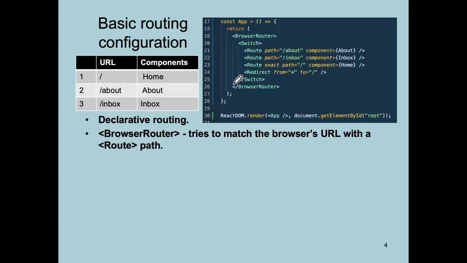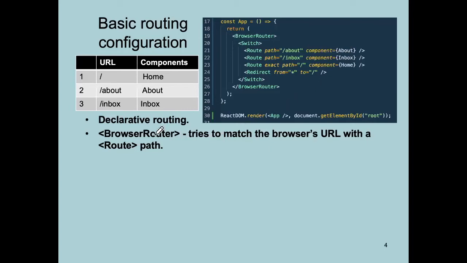And when that event occurs, this browser router component handles it. It takes the string that's in the browser's URL address bar and tries to find a match with one of these here. The first match that it finds is the one that it applies, as in it mounts the corresponding component and unmounts the one in its place.